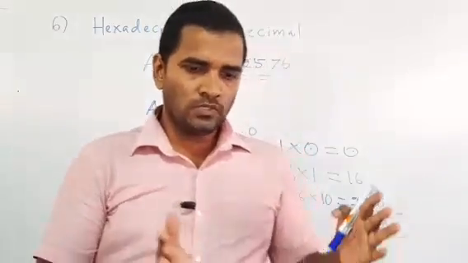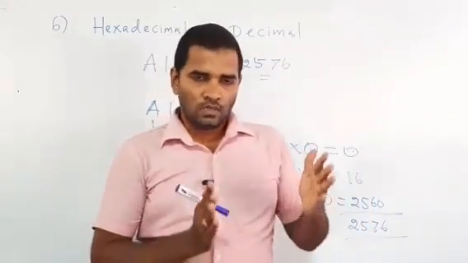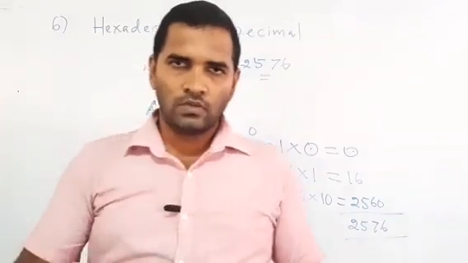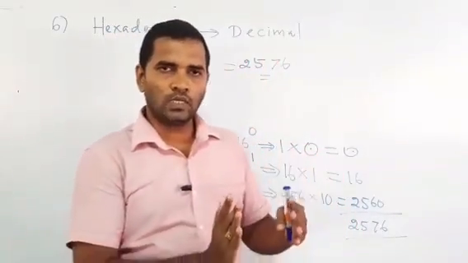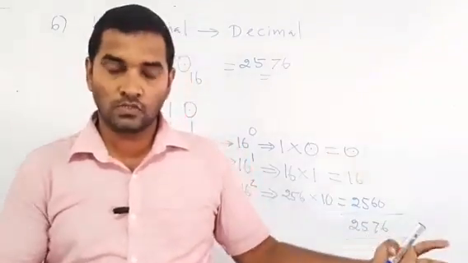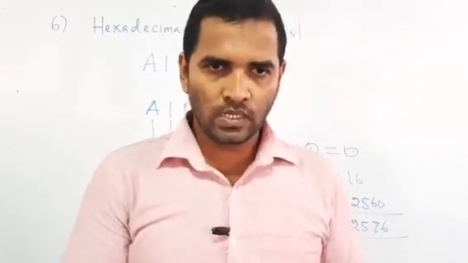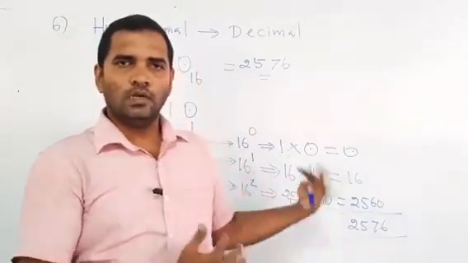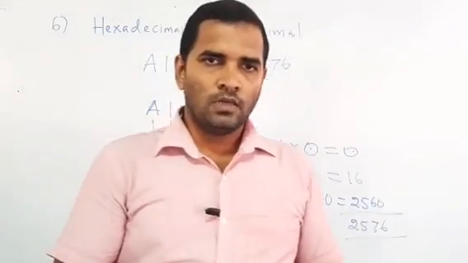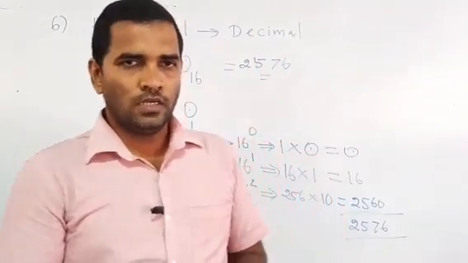So today we took 3 conversions. In all these 3 conversions, decimal number is involved, right? In the first conversion, we converted a binary into decimal. In the second one, we converted an octal into decimal. Now we converted a hexadecimal into decimal.